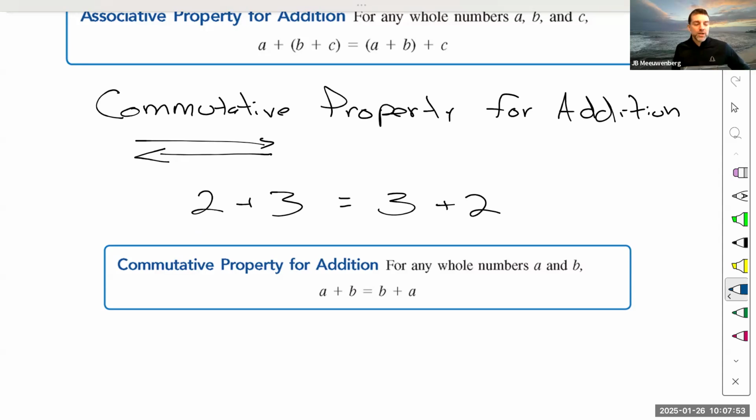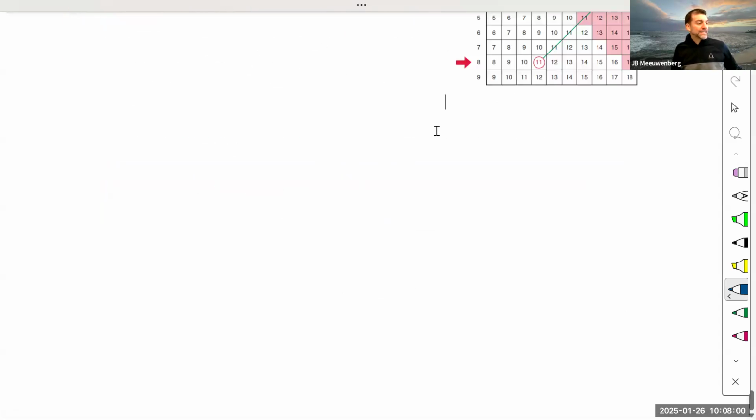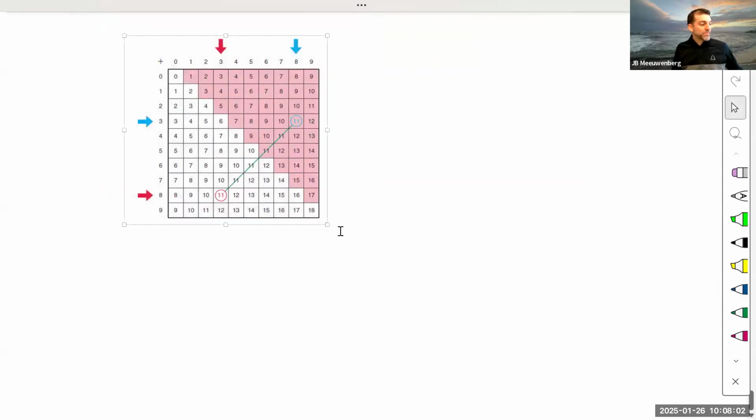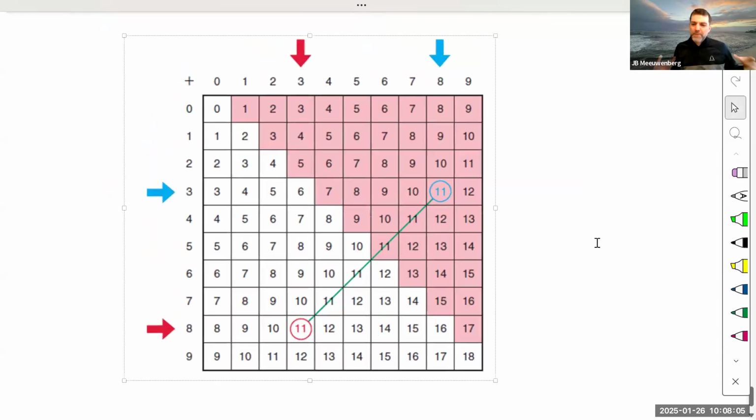One thing to note is that young learners work on internalizing sums, especially early on, of numbers between 0 and 9, right? Do I know instantly that 3 plus 8 is 11, or 7 plus 6 is 13, or 9 plus 9 is 18? This chart shows that, right? It's this grid. And the commutative property helps us cut those in half.